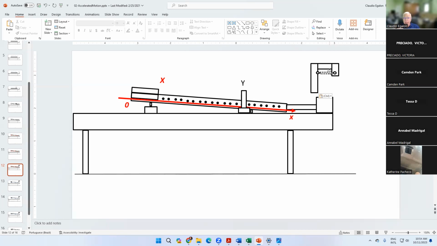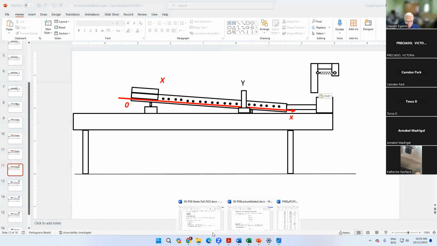A photodetector is just like an artificial eye. When the light is on, this photodetector says, hey, the light is on. When this light is off, this photodetector says, hey, this light is off. That's how the photogate works. And I'm going to tell you more about this photogate.